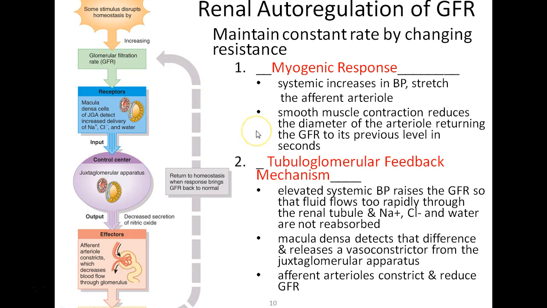Well, let's look at two main factors affecting GFR. The first is the myogenic response, and the second is the tubuloglomerular feedback mechanism. So this myogenic response is going to be a response involving contraction and relaxation of smooth muscle in the wall of the afferent arteriole.